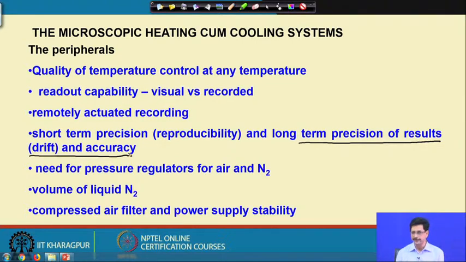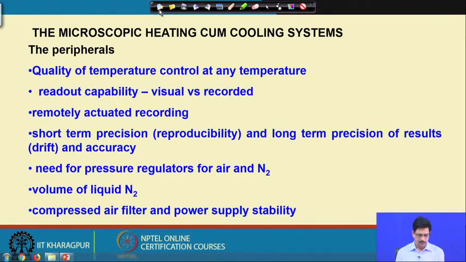For example, if I calibrate it today, I may need to calibrate it just about a month later or even a week later, depending on how the equipment is behaving. Sometimes we observe that it does not shift much, but it is a routine procedure to check or recalibrate the instrument with the standards, so that the drift could be taken care of.